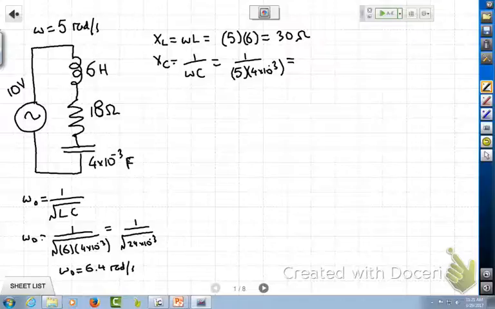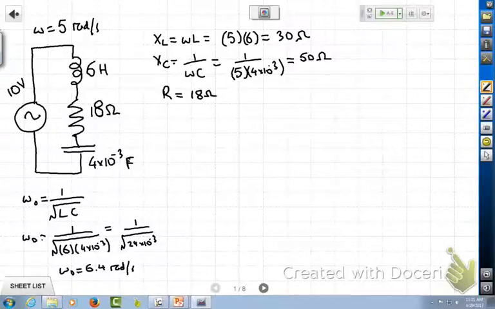Is that right? Yep, 50. And then my R, of course, is equal to 18 ohms. So there's my first set of skills.